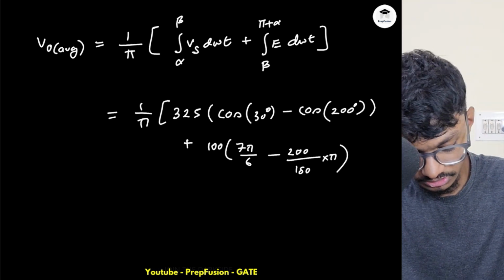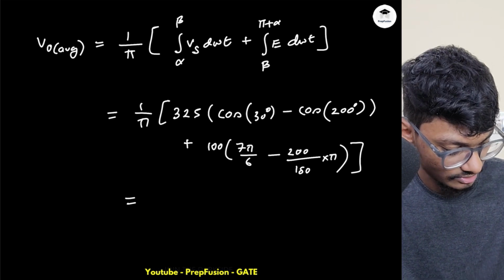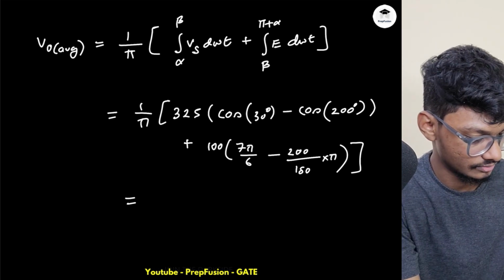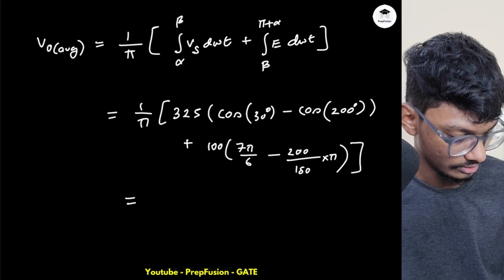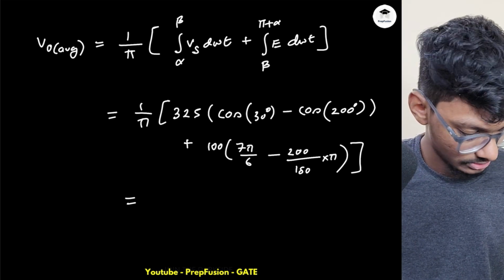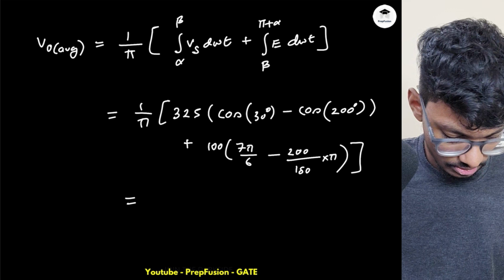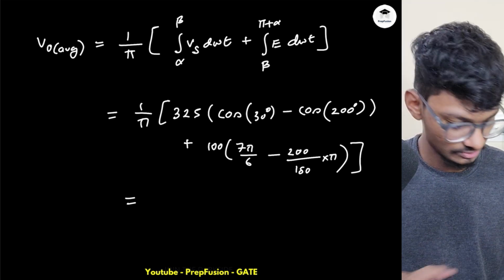So I will just compute this and then I will say the answer. VO average is simply, this is cos 30, right? Cos 30 will be root 3 by 2 minus cos 200, times 325. So this will be 586.85.